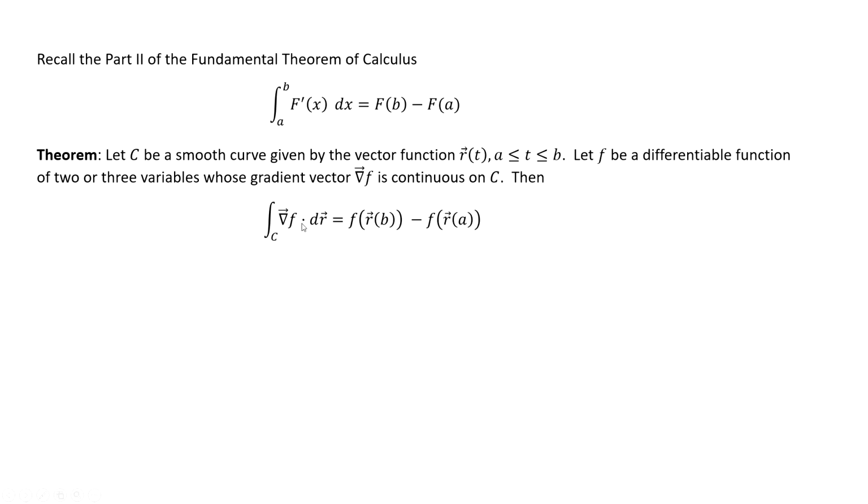Do we have to have a dot product here? Can we say del f dr? No, that would be wrong. Why? Because del f is a vector and dr is also a vector. So what do we mean by vector times vector? What kind of a times is it?